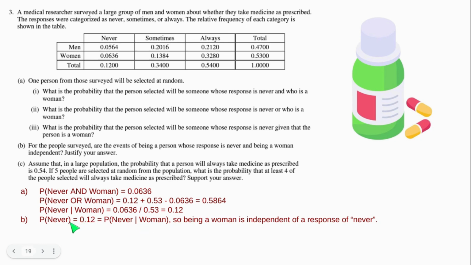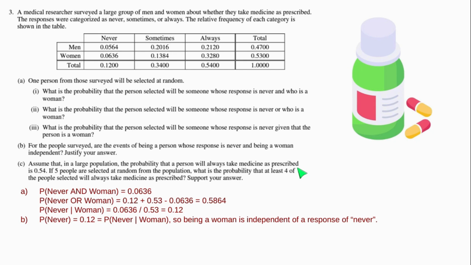In other words, it doesn't matter whether woman is part of the equation here, so we can assume that those events never and woman are independent. Being a woman is independent of the response of never. There you have it.